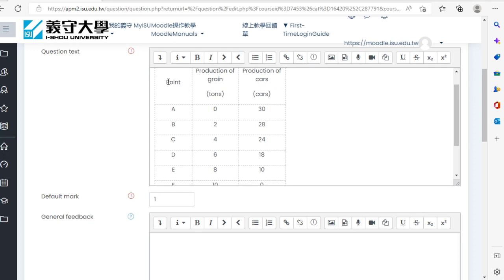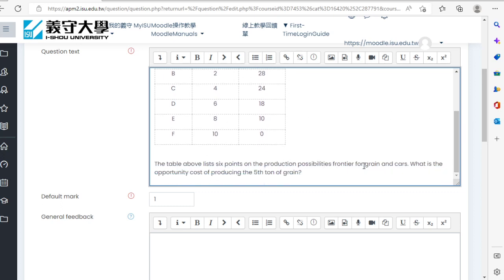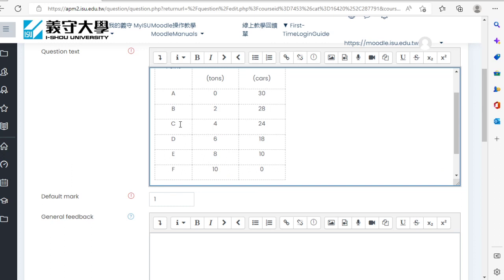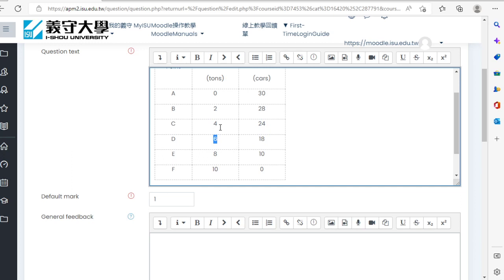Next question, the production possibilities frontier producing grains and cars is given by this table rather than a chart. The question is, what is the opportunity cost of producing the 5th ton of grains? The 5th ton of grains, that's between options C and D. As we move from option B to option C, we increase the grain production from 4 tons to 6 tons, that's extra 2 tons, at the cost of reducing the number of cars produced from 24 down to 18.